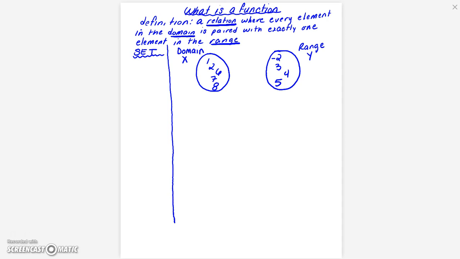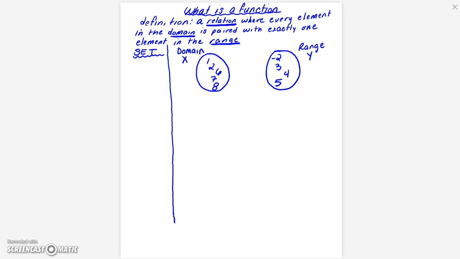Okay? So the first way we can look at it is as a set, as I've drawn here with the two circles, which you've also seen in the warm-up. I will also say that a function is a specific type of relationship, like a square is a type of rectangle.